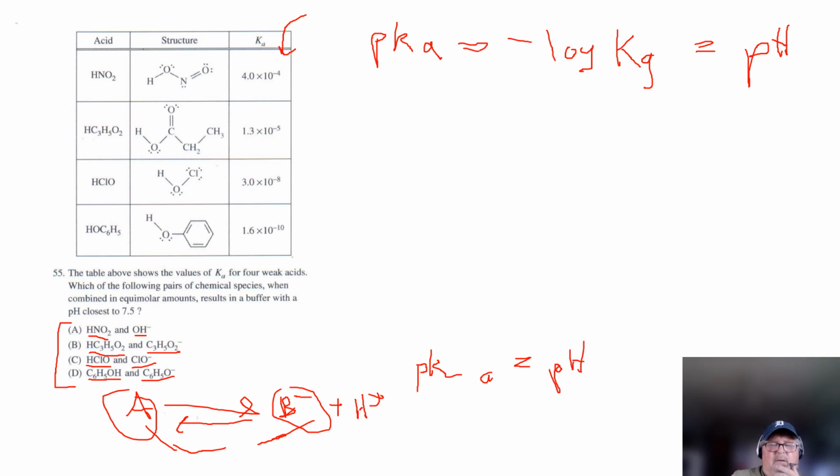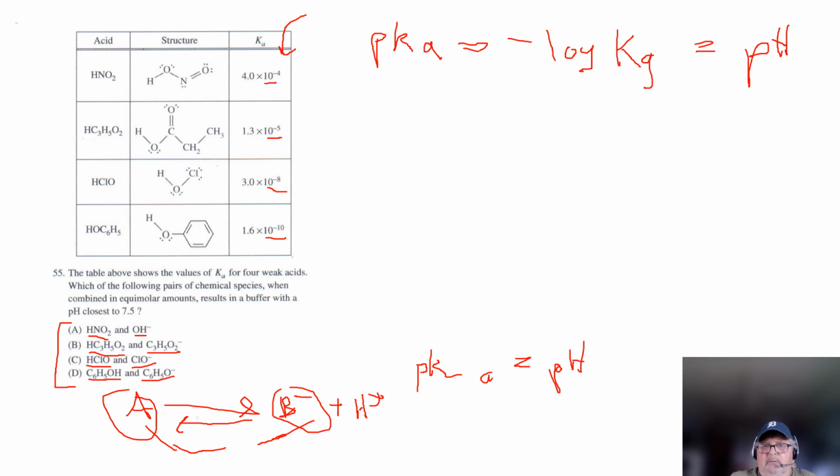I'm not going to use my calculator. I'm just going to come up with a quick answer right away. You can use a calculator to figure it out, but this is a really quick way to do it. What we want is minus log of Ka. Let's do just a quick estimation. Instead, we're just going to look at the exponents.